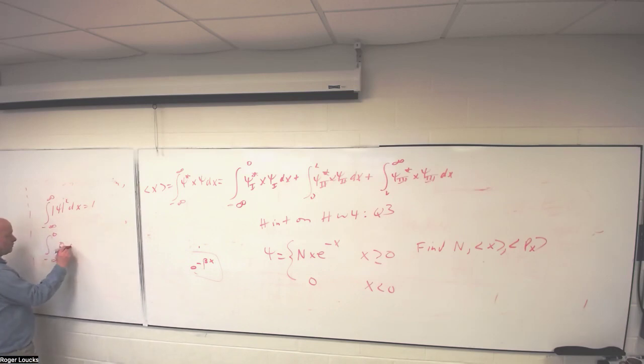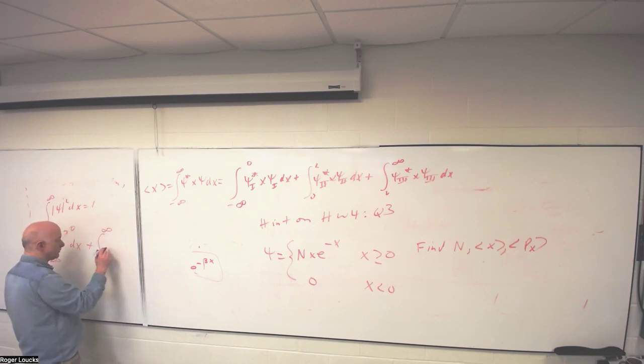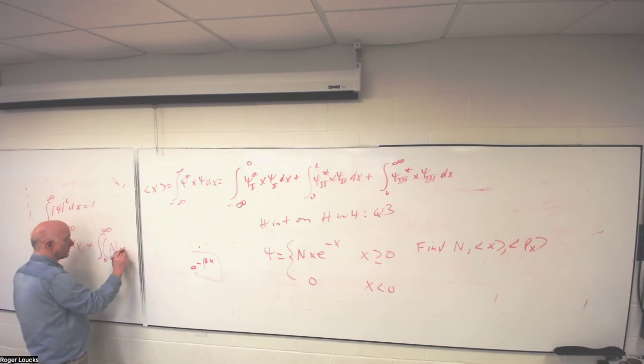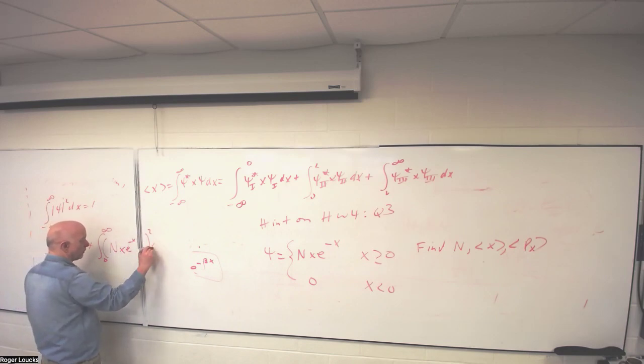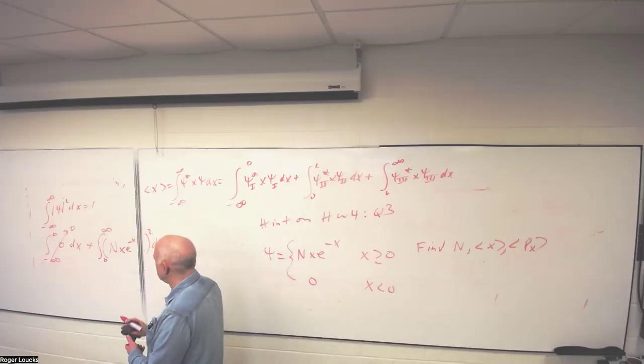This would be 0 dx, so it does nothing. Then you have the integral from 0 to infinity of n times x e to the minus x squared dx. And that you would solve, set to 1.